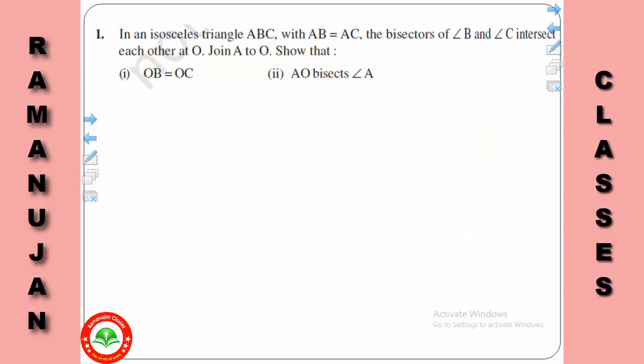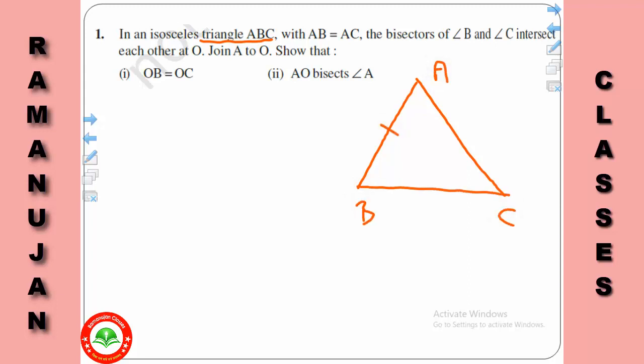Now we have to start exercise 7.2. We have the first question. In an isosceles triangle ABC, in which AB and AC are equal, the bisectors of angle B and angle C intersect each other at O. So BO and CO are bisectors of angle B and C respectively.